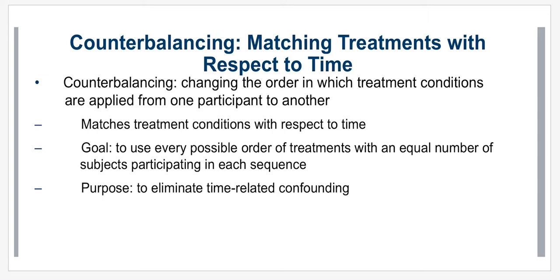So if you have 3 different conditions or levels, then you would want some participants to experience them in the order A, B, C, some to be CBA, and some to be BCA. You would want to make sure that there are different orders, and we'll get into some more examples of that in a second. But again, the purpose of this is to eliminate these time-related confounding variables.